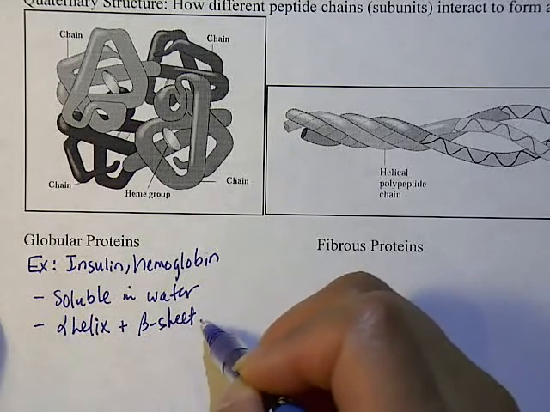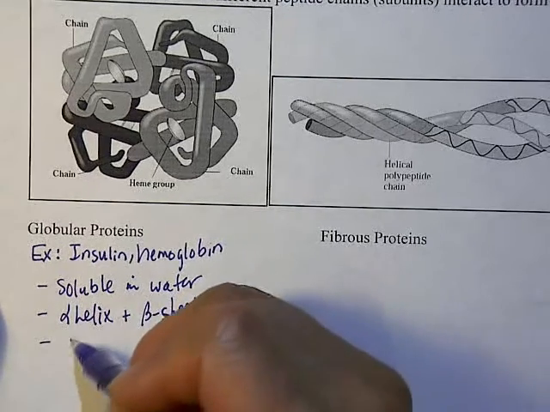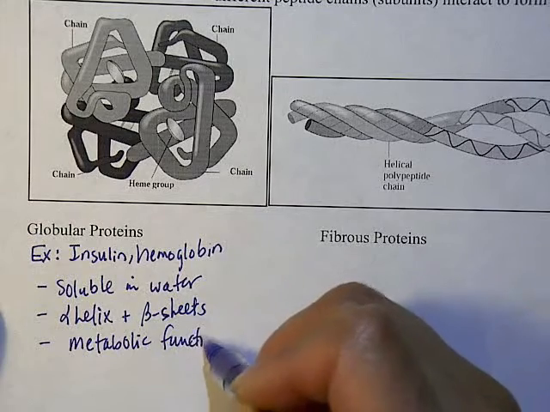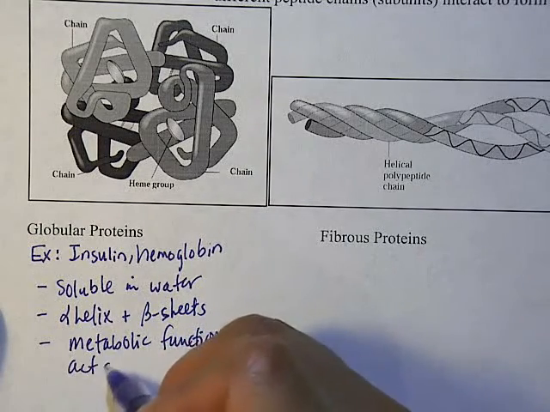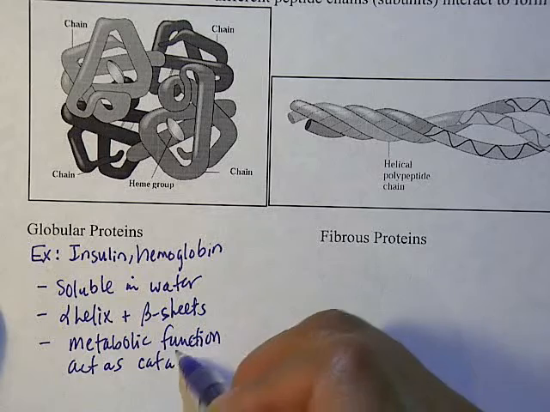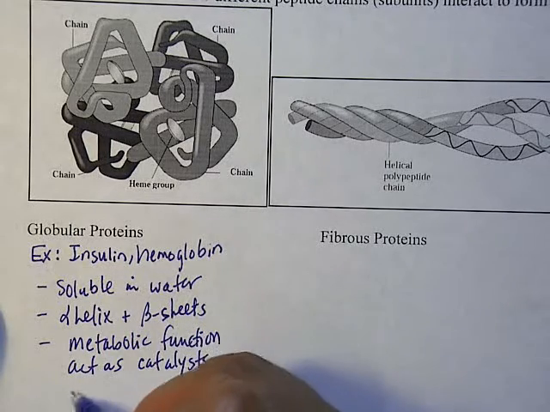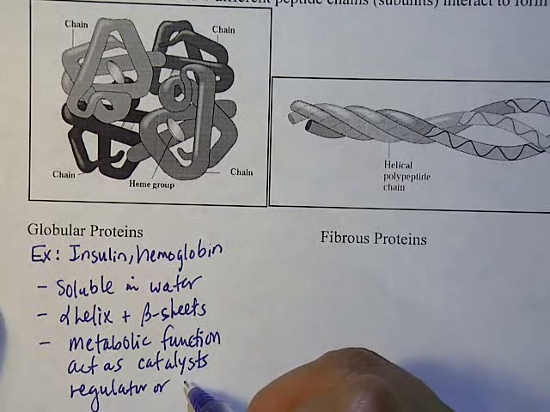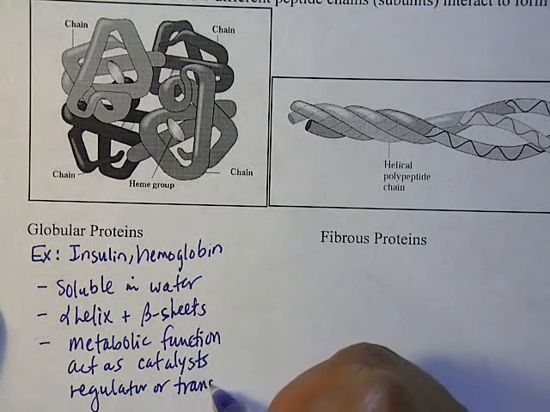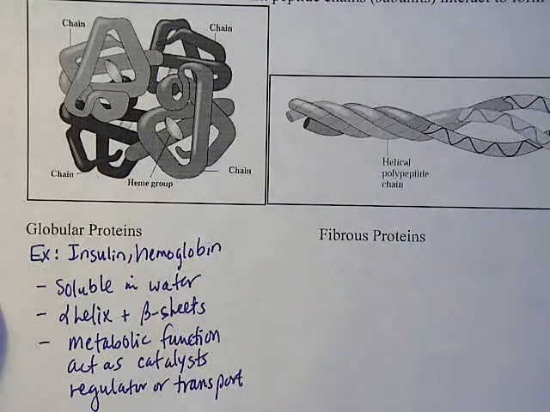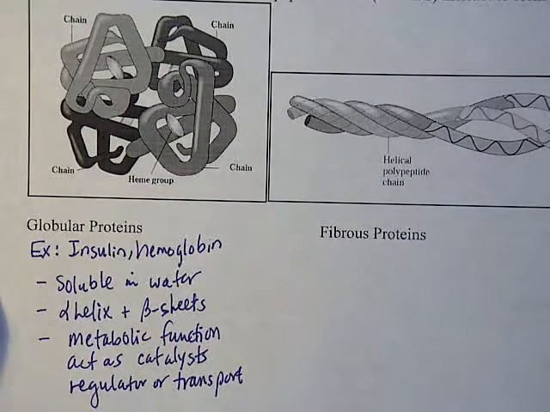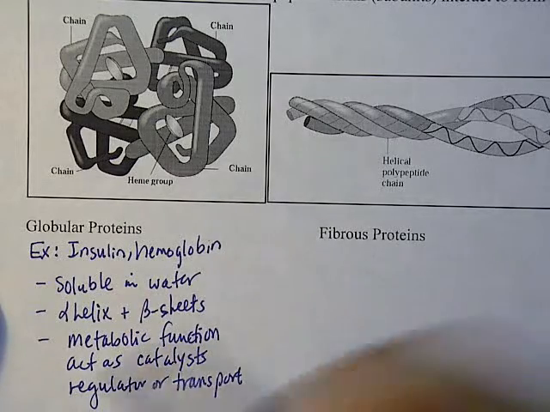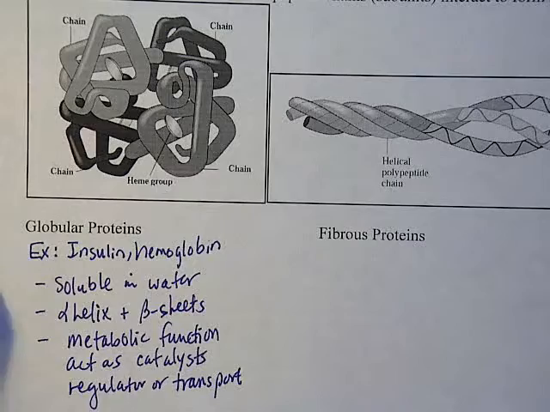Mostly their function is metabolic, so they act as catalysts, regulators, or for transport. That's what hemoglobin does: it transports oxygen for us. So they tend to be functional proteins.